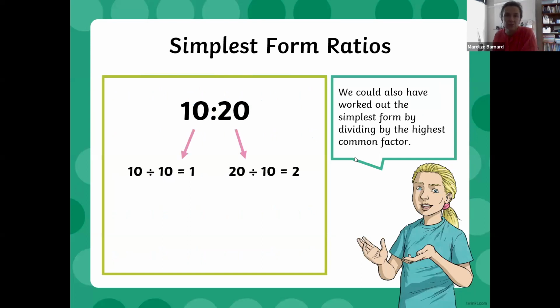So 10 to 20. The highest common factor, the biggest number that can go into 10, that can also go into 20 is 10. So we divide 10 by 10, that's 1, and 20 by 10, that's 2. And our final answer is 1 to 2. So if you shouted that out in the chat, well done, that is what it was.